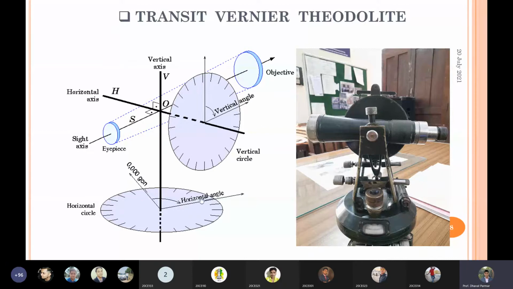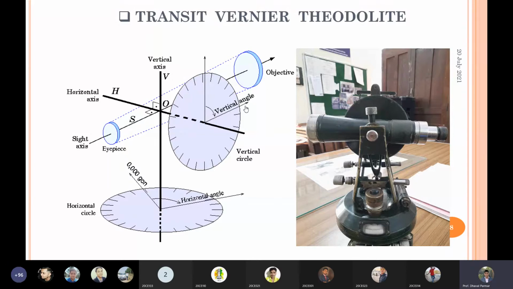If the telescope is rotated about this horizontal axis, in a vertical plane, then the theodolite is able to measure the vertical angle. That's why it is called a transit theodolite.